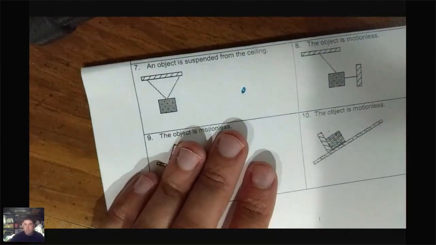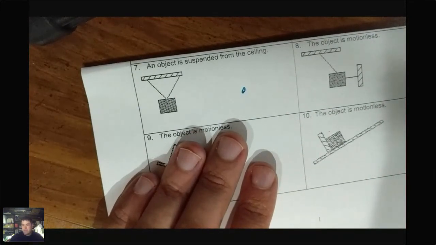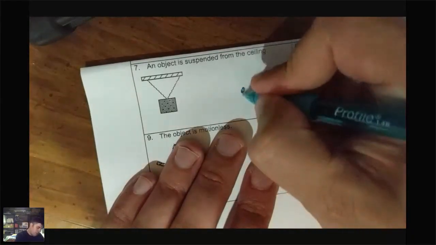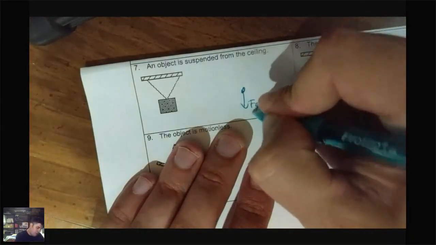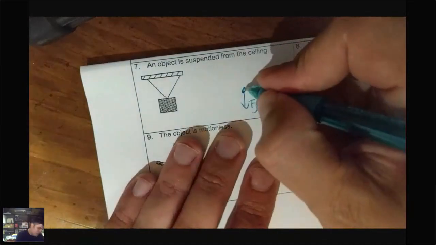How many forces act on this object? And there are 3 of them. Yes. We've got gravity going down. And then they're ropes, I'm going to guess. So I'm going to call them tensions.